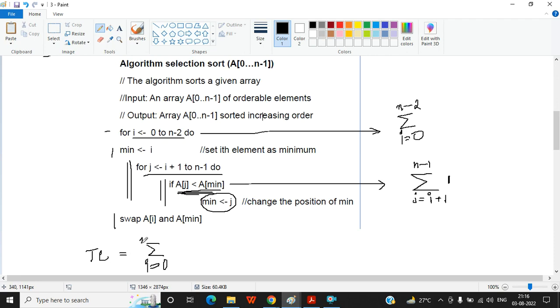Why am I writing that? You can understand, because the loop boundary condition is this: j equal to i plus 1 to n minus 1, and we are multiplying by 1 because we have one element.